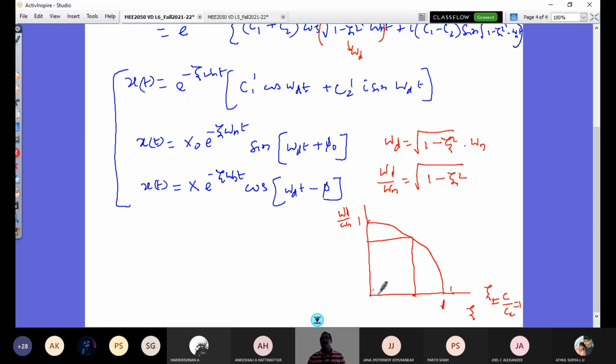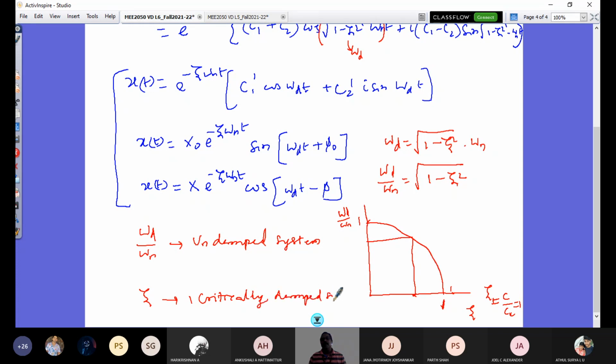It is zeta 0, the undamped system. So this represents the undamped system, and zeta equal to 1 represents the critically damped system.